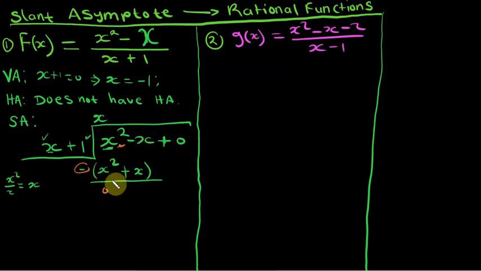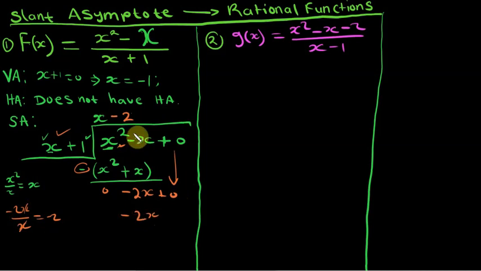Minus x minus x gives me minus 2x, plus 0. Minus 2x divided by x gives me minus 2. Minus 2 multiplied by that x gives me minus 2x. Minus 2 multiplied by 1 gives me minus 2.